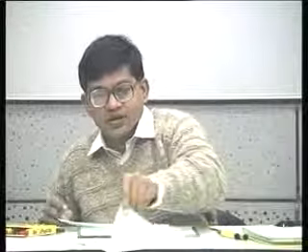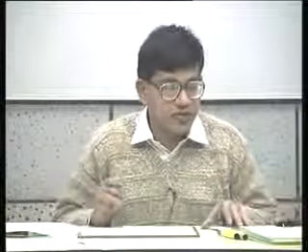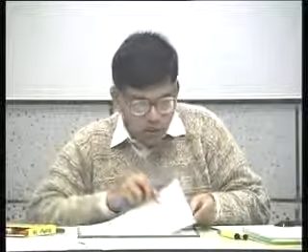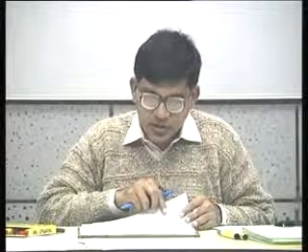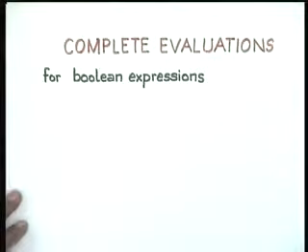Since while loops and most imperative constructs are familiar to everybody, I decided to go through it very fast, and anyway it gets too boring otherwise. What we have done is that for Boolean expressions, we have specified complete evaluations.